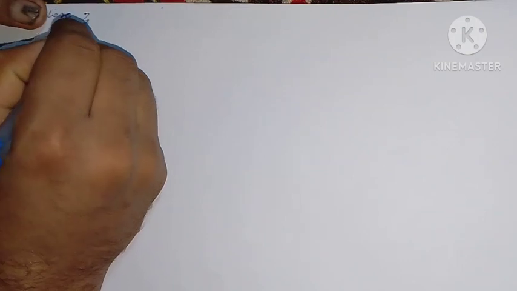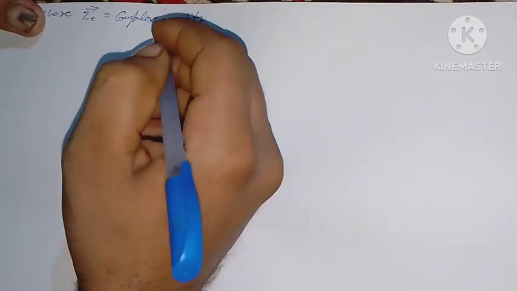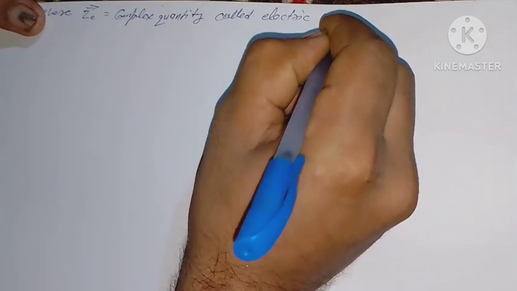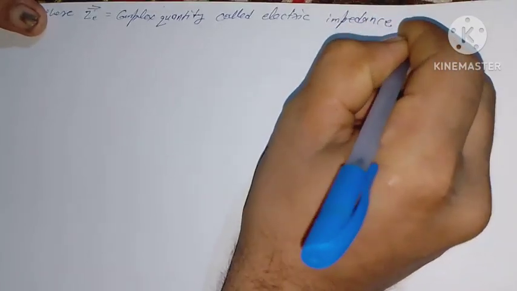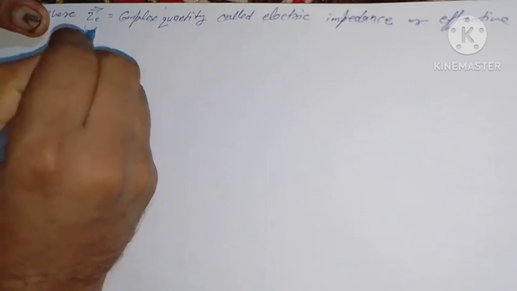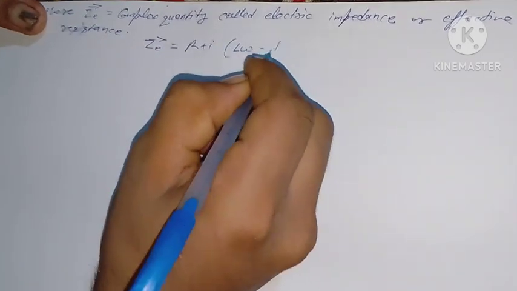Where Z E vector is a complex quantity called the electric impedance or effective resistance, and Z E vector equals R plus i L omega minus 1 by C omega.